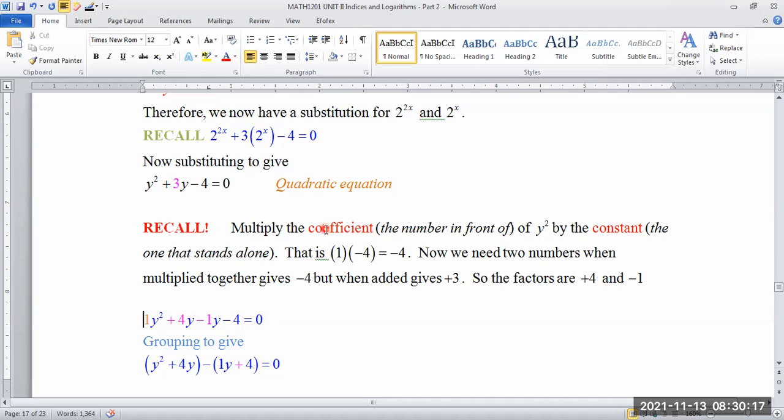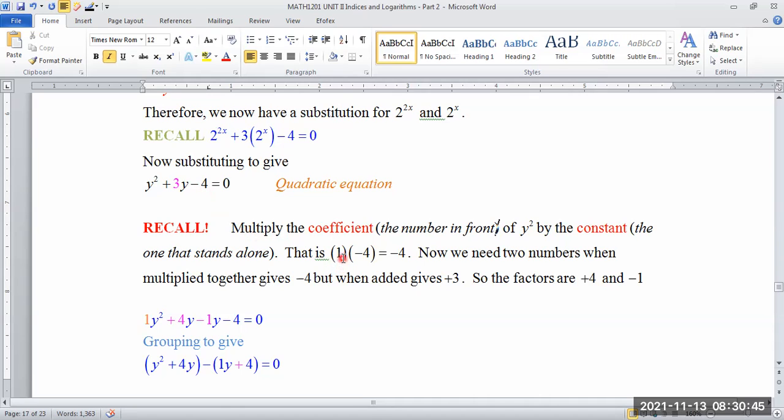So when you hear coefficient, it's the number in front. We're going to multiply the coefficient, which is the number in front of y squared, by the constant, and the constant is the one that stands alone. So the -4 is the one that stands alone.